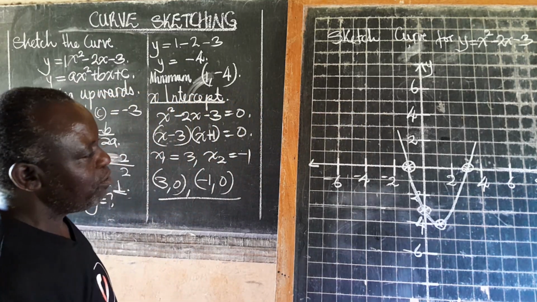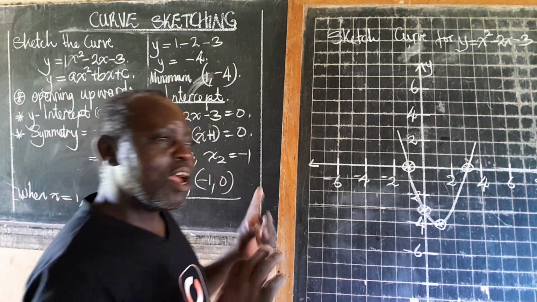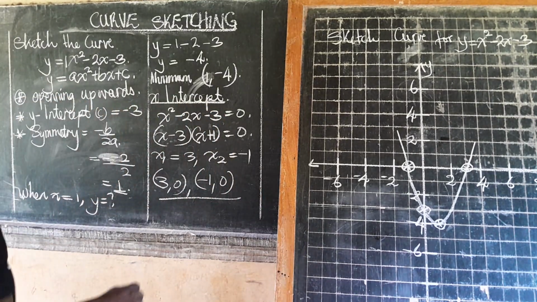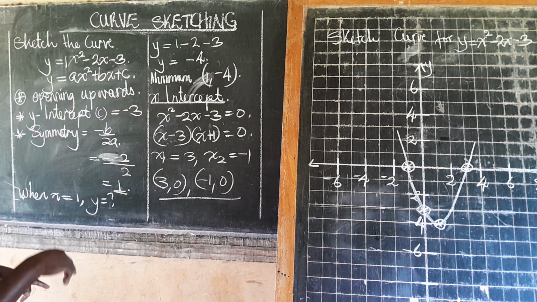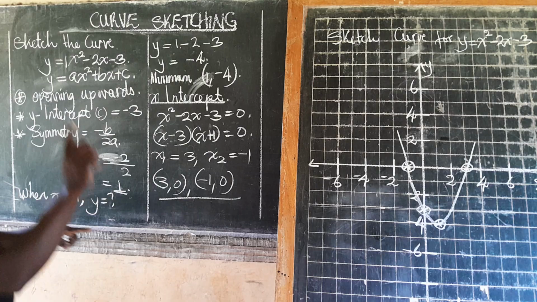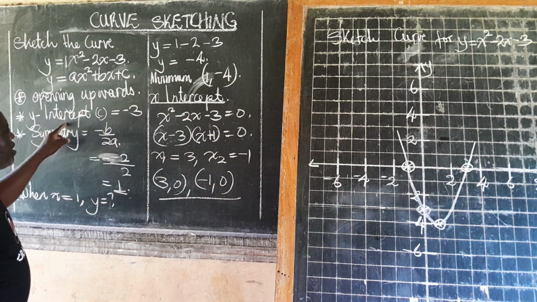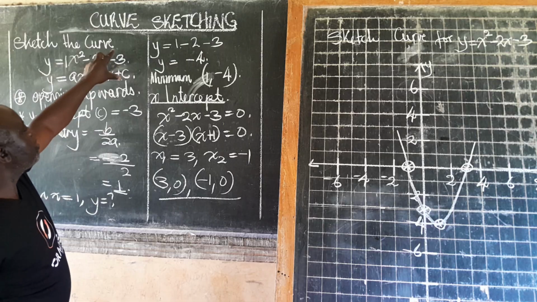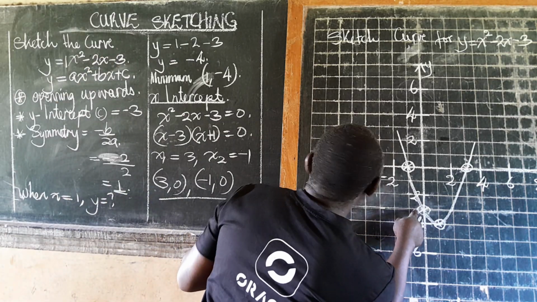Then we say that we have sketched that curve. What has enabled us to get these? First, we looked at where it is opening, upwards or downwards. When a is greater than 0, it opens upwards, like a U. Second, we looked at the y-intercept, which is negative 3, cutting the y-axis at negative 3.